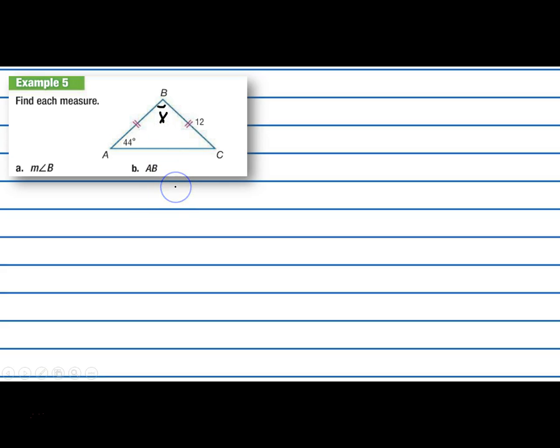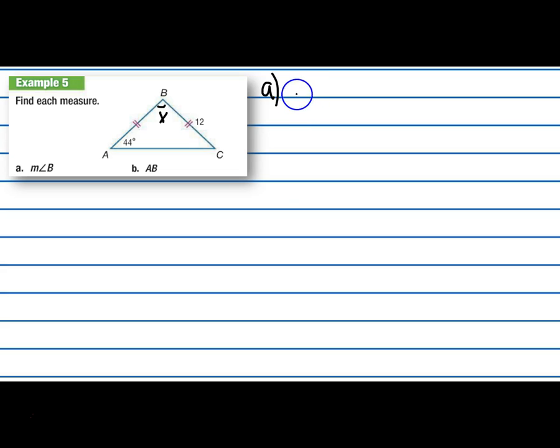So if we have two sides that are congruent in a triangle, we know we are dealing with isosceles triangles. Well, an isosceles triangle theorem says that if two sides are congruent, then we know that the angles directly across from them are also congruent.